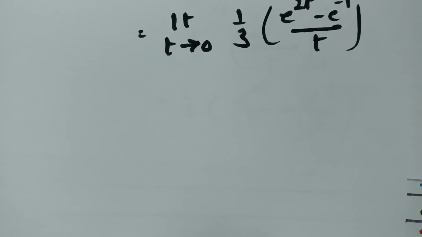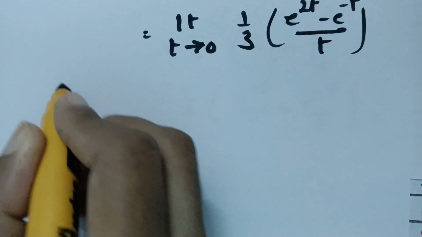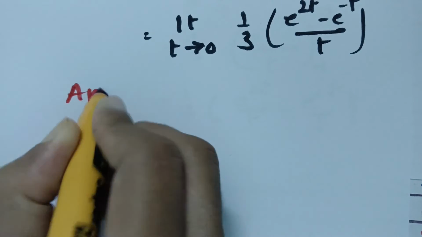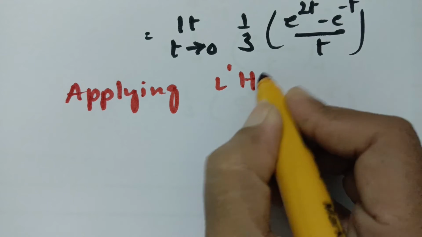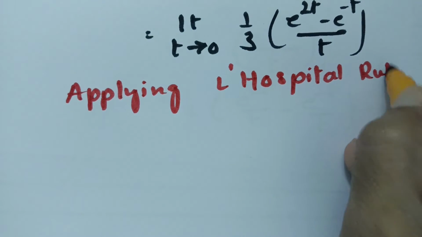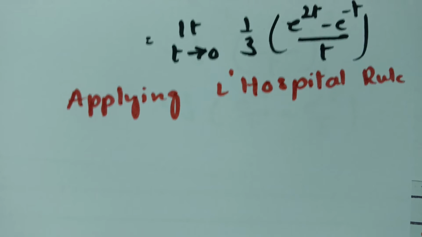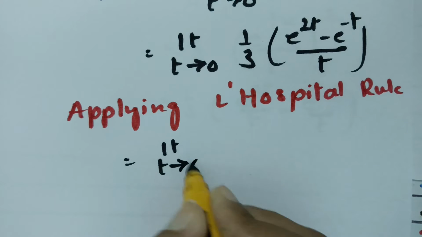Now we have to apply L'Hospital's rule, as it is 0 by 0. We make a derivative in the numerator as well as the denominator, and again apply the limit.